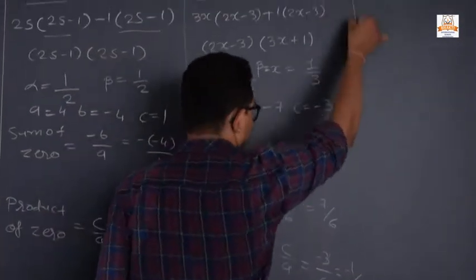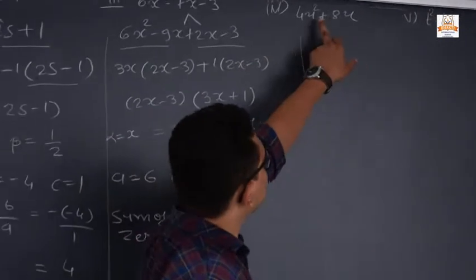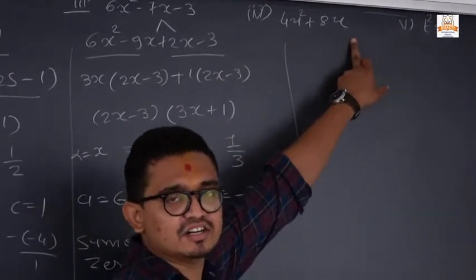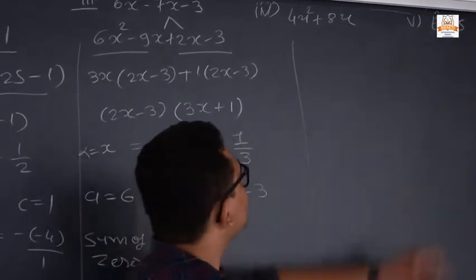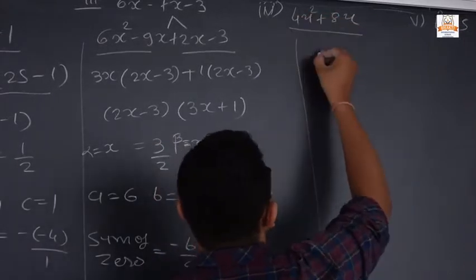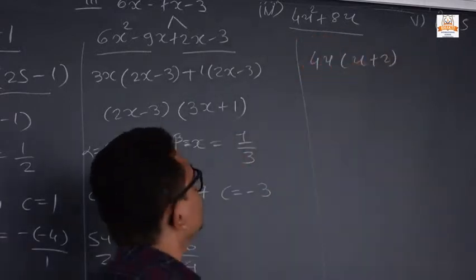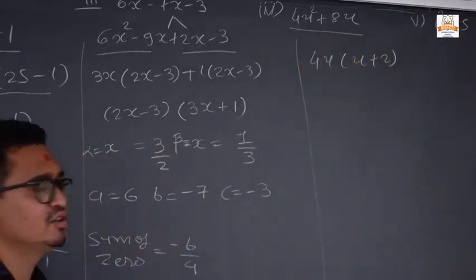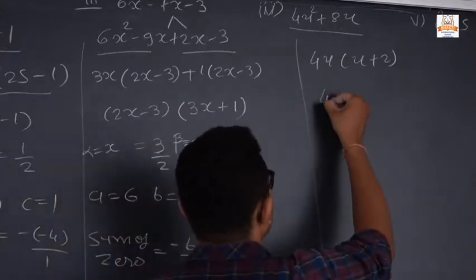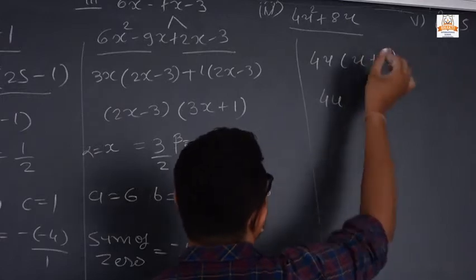Now next, question number 4. 4u square plus 8u, which means the constant term is missing here. Clear? So how can we factorize that? 4u is a common term. So in the bracket we have u plus 2. So we have 4u, and second it will be u plus 2.